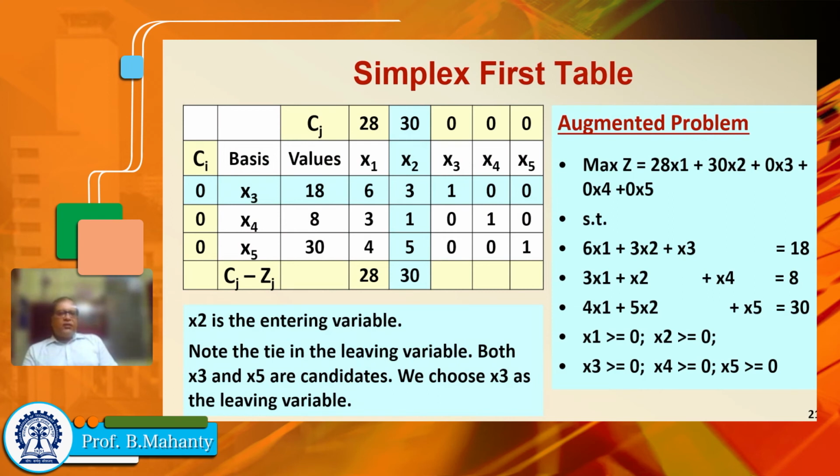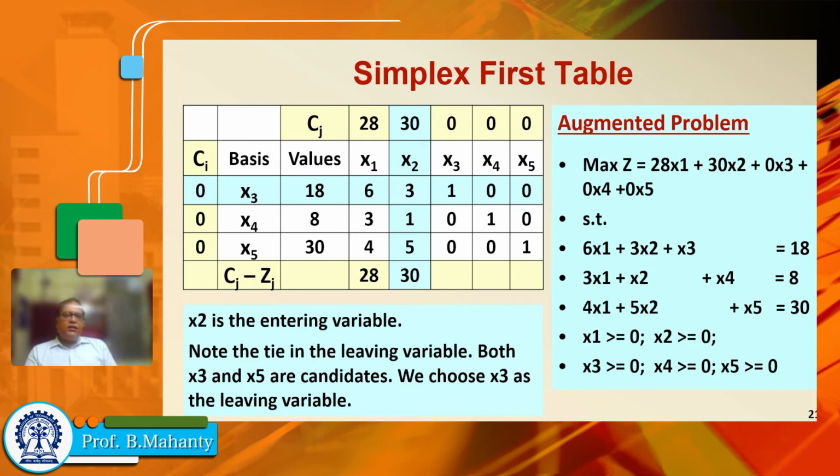So what we do next is form the simplex first table. This is our simplex first table, with x3, x4, x5 as the basis, because they are in canonical form. 18, 8 and 30 are the values, and the x1 and x2 coefficients are 6 and 3, 3 and 1, and 4 and 5, and the rest is canonical form.